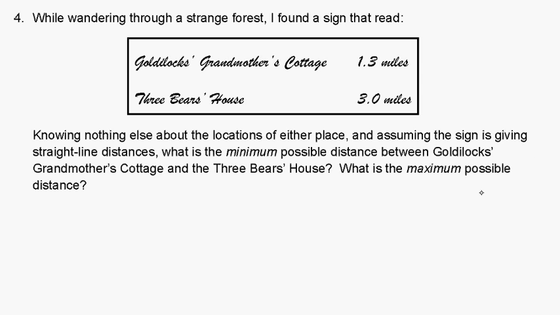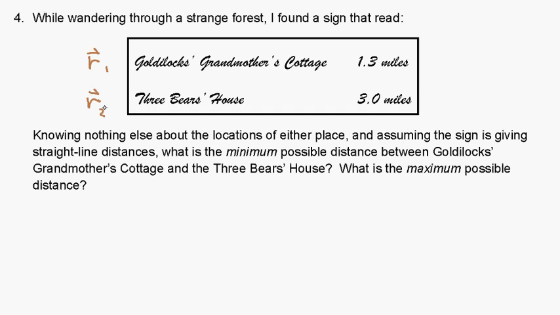And so what we're really saying is that, let's say we have a vector going from where I am now to, and I don't really want that color either. So you'll discover I'm picky about my colors. Okay, let's go with this browny color. So this is vector R1, the position of Goldilocks' grandmother's cottage with respect to us right now.